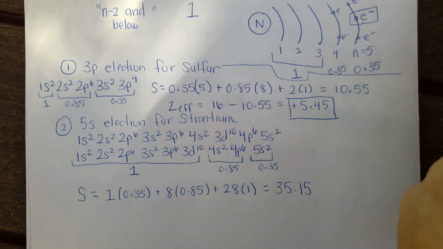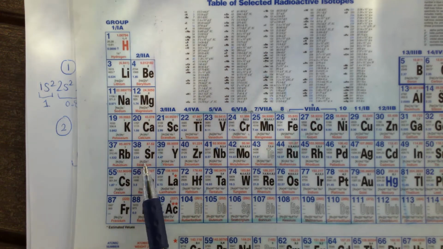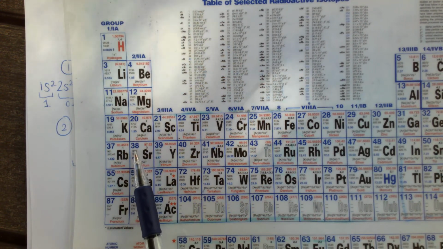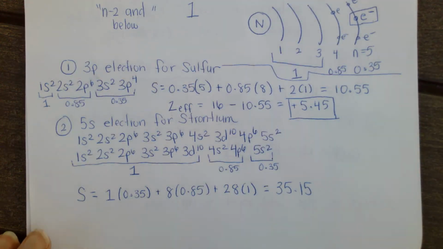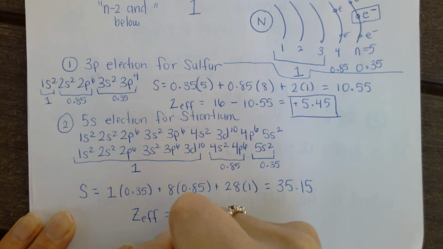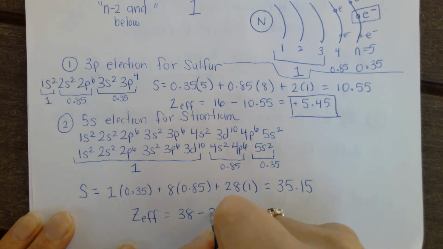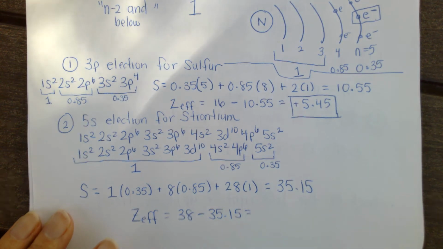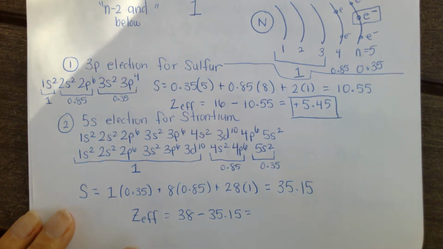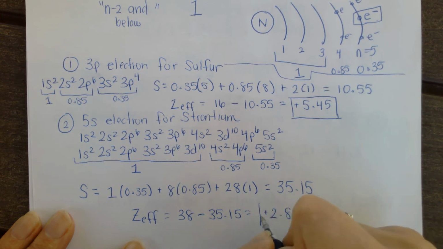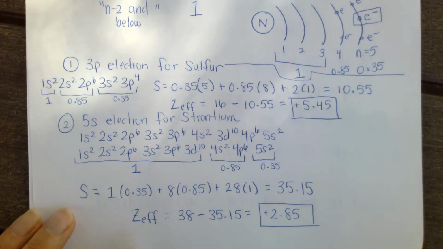Okay, if we take a look, strontium is our element here, so it has Z of 38. Zeff equals 38 minus 35.15. I'll subtract that, and we get plus 2.85 as the effective nuclear charge.